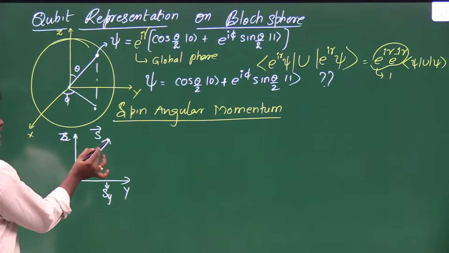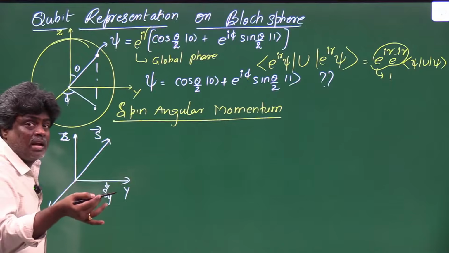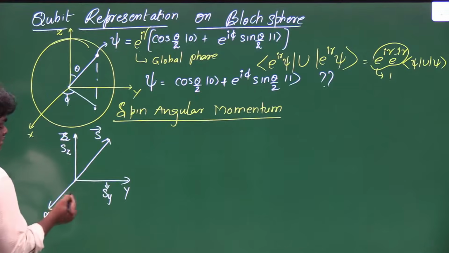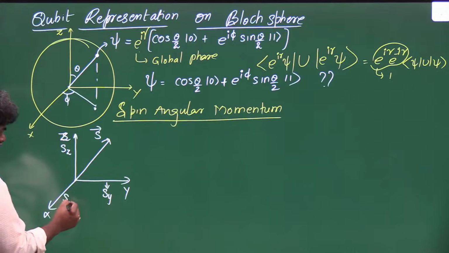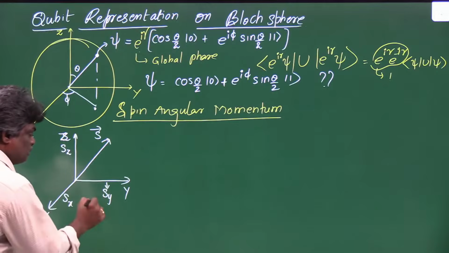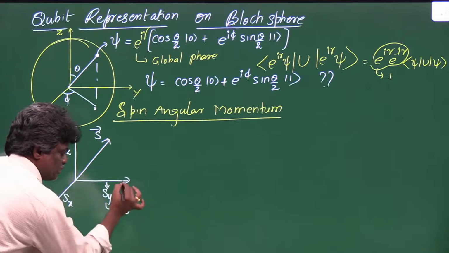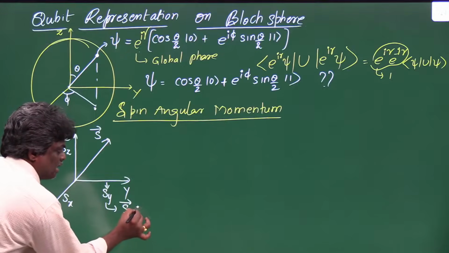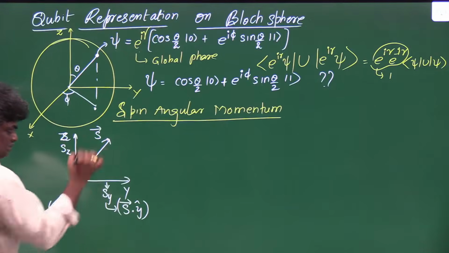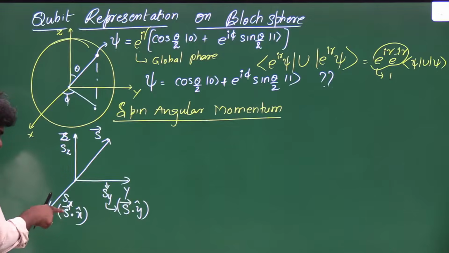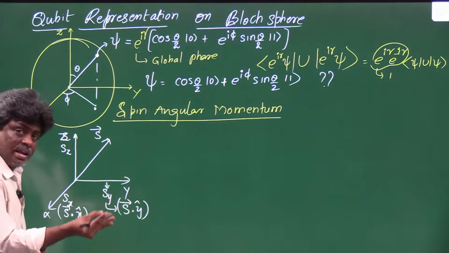If I measure the spin angular momentum of the particle along the z-axis, what will I get? Along the x-axis, Sx. Actually this Sy can be written as, as I told you in earlier classes, S bar dot y cap. This Sx is nothing but S bar dot x cap, because S bar contains Sx, Sy, Sz.